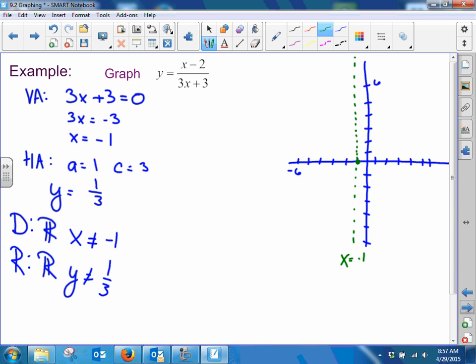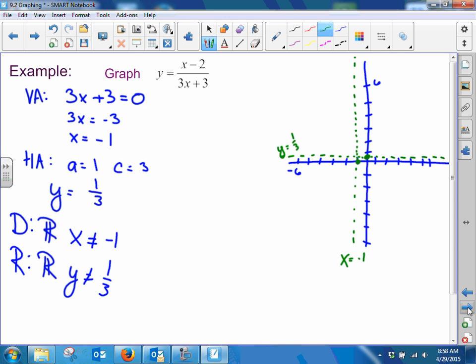X is equal to negative 1. And then with the y, that's not going to be super accurate, right? So as long as you're between what and what, you'll be good. Yeah, 0 and 1. So then there's the y equals 1/3.